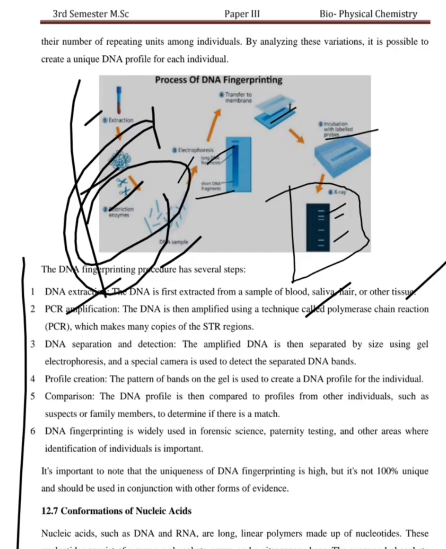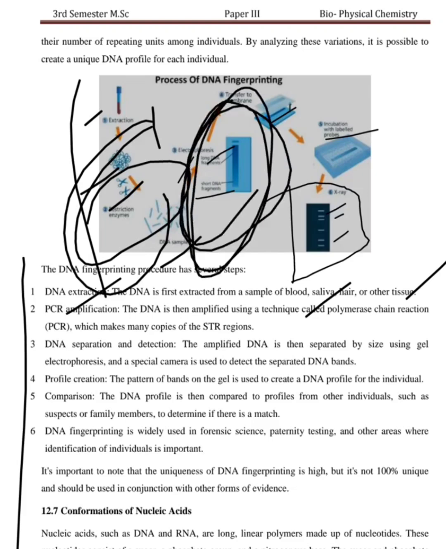Then the separated DNA bands and profile creation. The pattern of bands in the gel is used to create a DNA profile for an individual. So DNA profiles can be created using gel electrophoresis, followed by comparison. The DNA profile is then compared to profiles from other individuals.